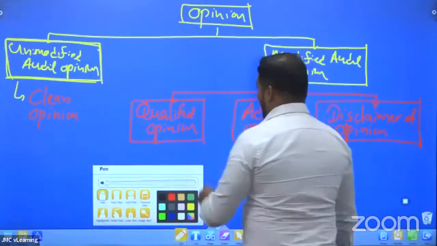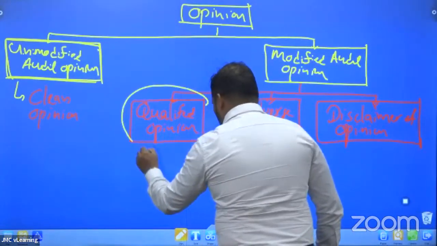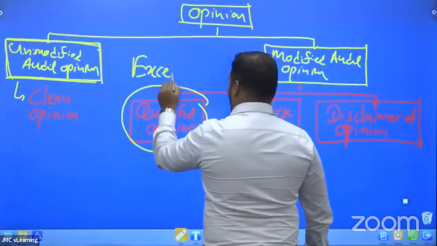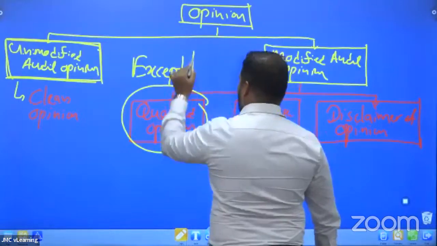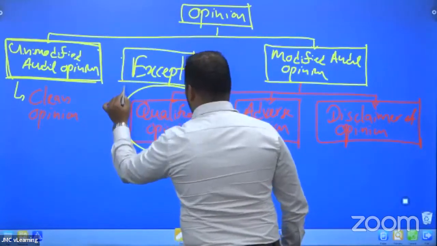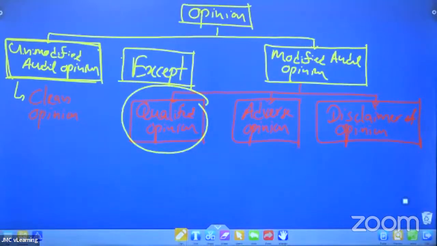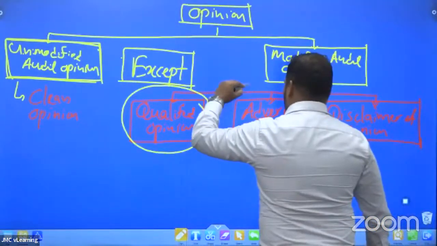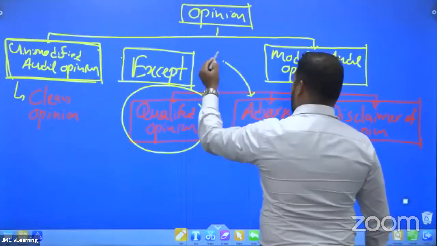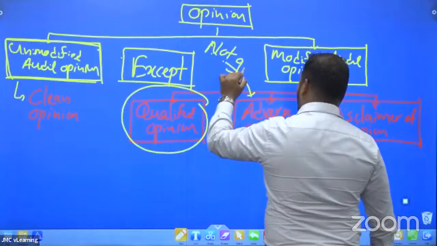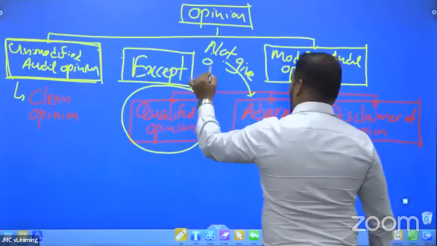A qualified opinion is where you say, except for a few matters, the financial statements give a true and fair view. An adverse opinion is a situation where you firmly say the entire financial statements do not give a true and fair view.